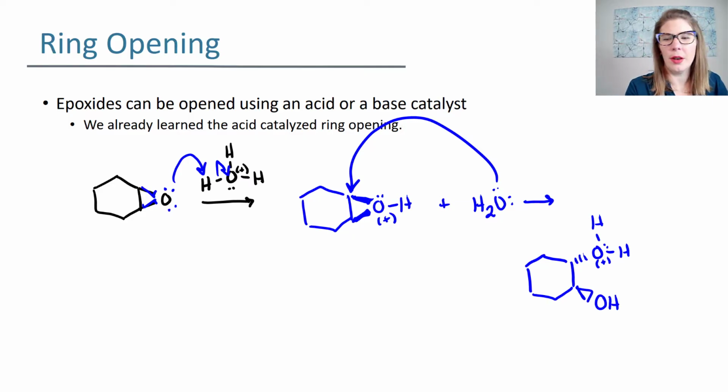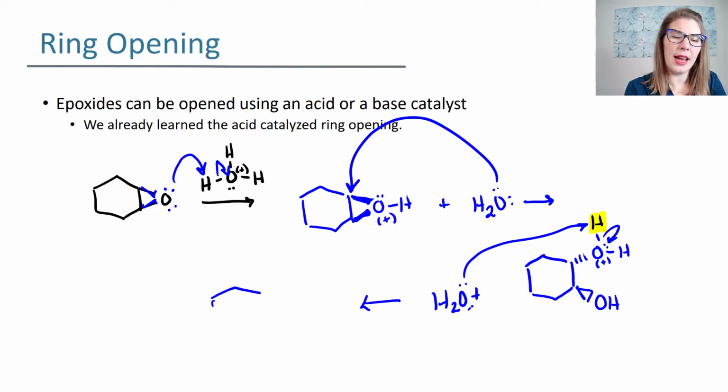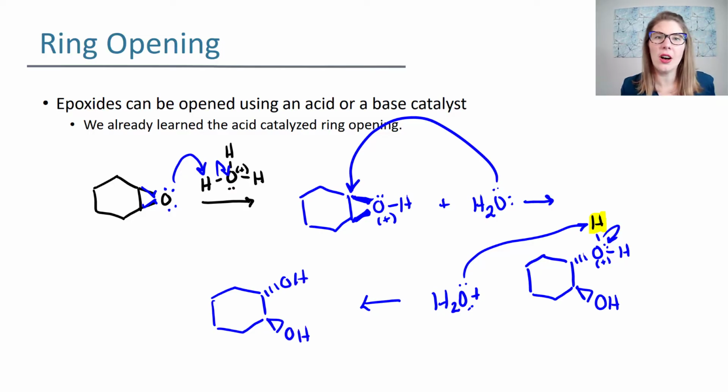Now you don't want two protons on this oxygen, but guess what? This is acid catalyzed, which means we have to recreate our catalyst at the end. The way to do that is to say, hey, when I have water, I actually have a lot of water. So your water molecule is going to come in, pull off this proton, put another pair of electrons on that oxygen, and you will get your trans diol here.